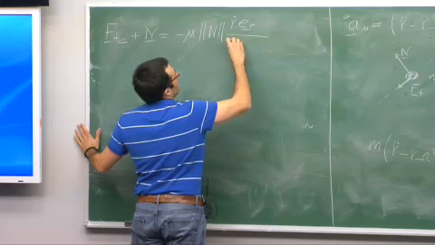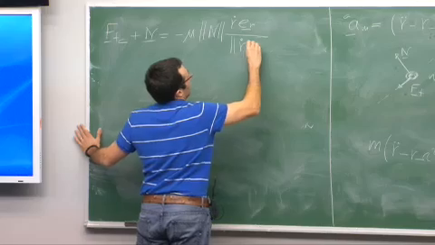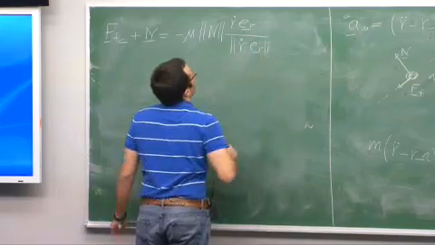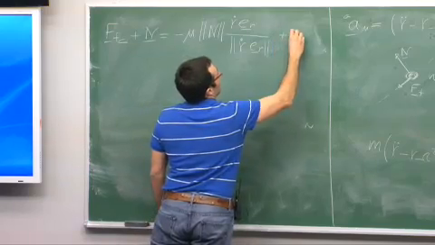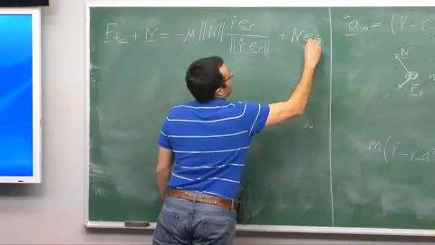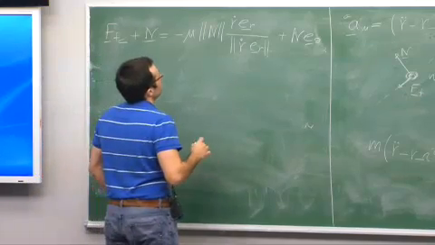What is the norm of this? R dot. So let me write it actually like this, plus N e theta.